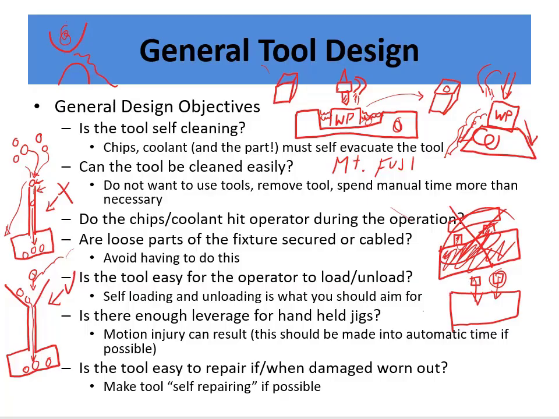You want to make something that can accommodate a wear situation, and that's what I mean by self-repairing. Nothing is truly self-repairing, but you want something that will adjust as much as possible automatically as wear occurs, within reason.